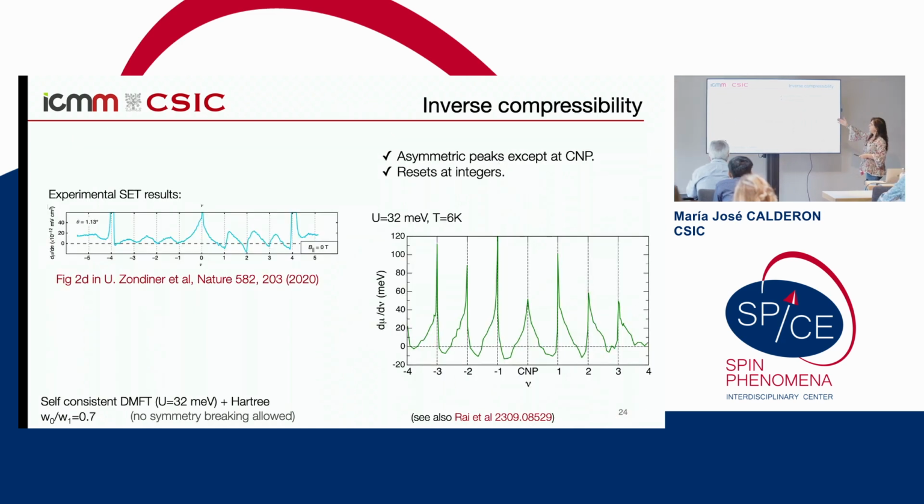We could also look at the inverse compressibility. That was the other measurement that I showed you that also has these resets. And we have the same features. We have this symmetric peak at the charge neutrality point and the asymmetric ones at other integer fillings.